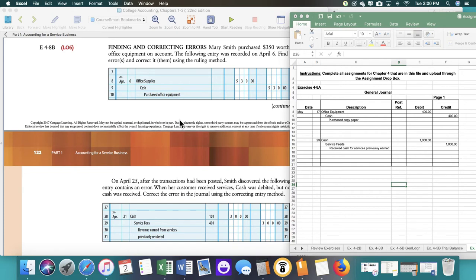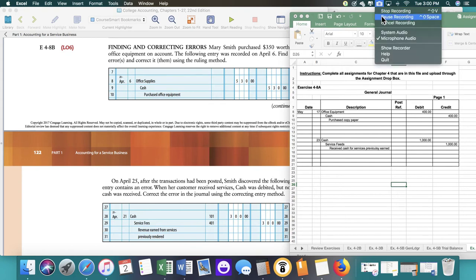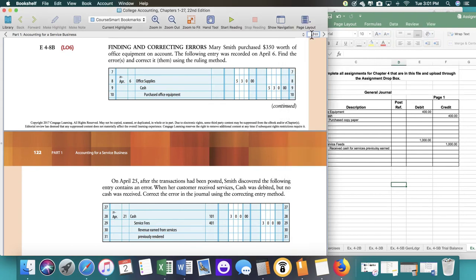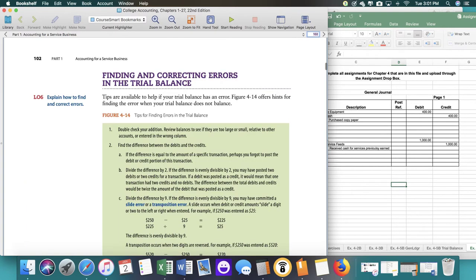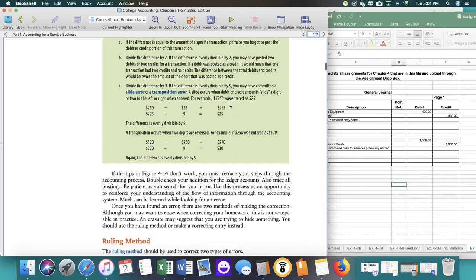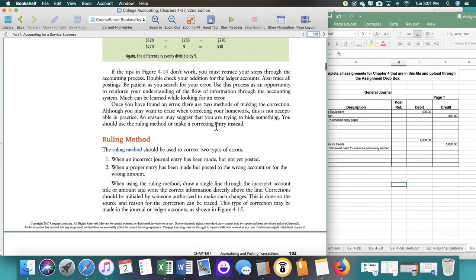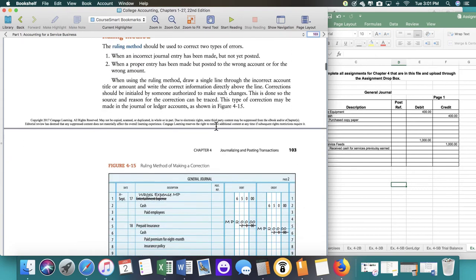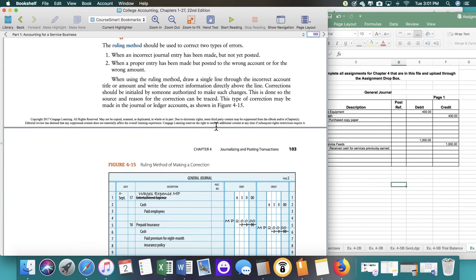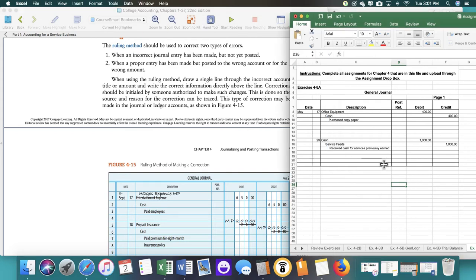So let's go to page 102. And at the bottom of the page, it tells us how to do the ruling method. So basically what we're supposed to do, and this is a little hard in Excel, so I'm going to be a little bit more lenient in how we grade this.